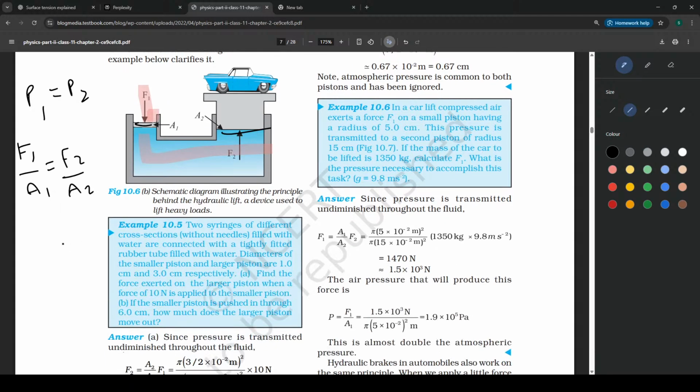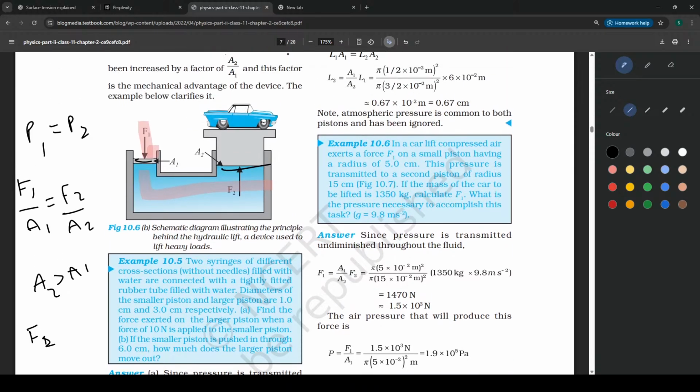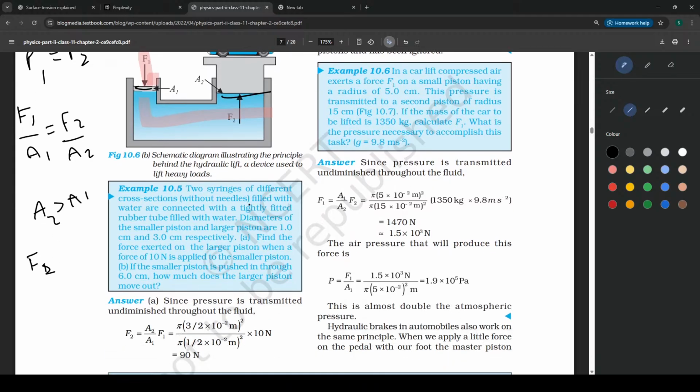If we consider that A2 is larger than A1, that means F2 is also greater than F1.